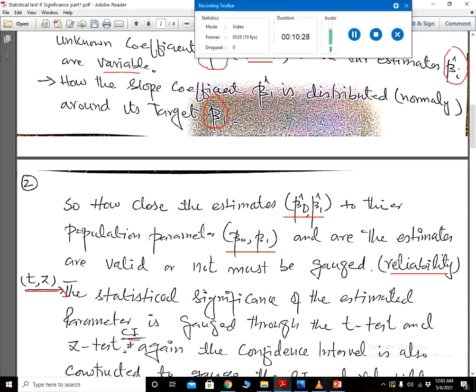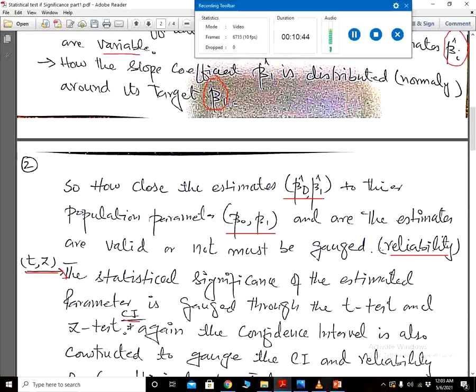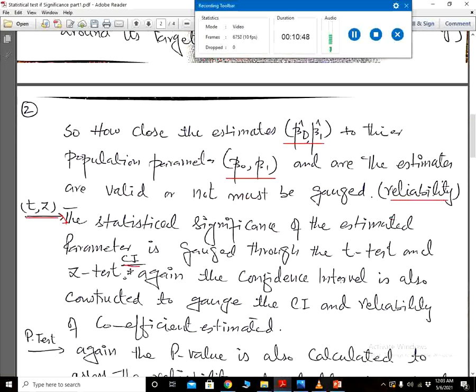These are mere estimates, and of course the mean of beta naught hat and beta 1 hat is equal to beta naught and beta 1, but they are normally distributed with a constant variance. Now it is necessary to gauge the significance of these estimated coefficients.